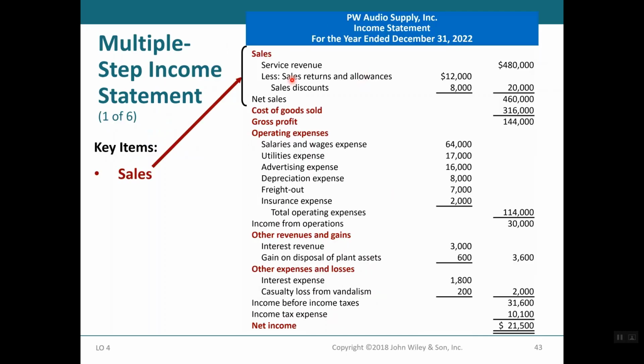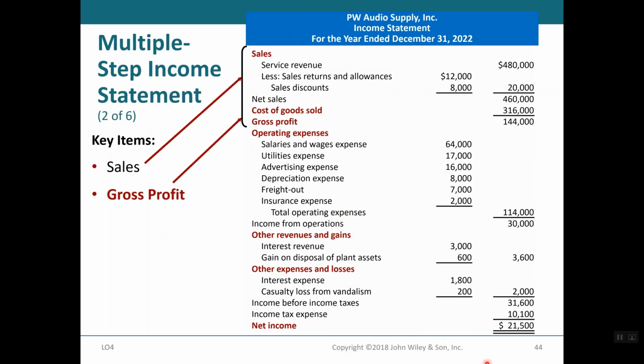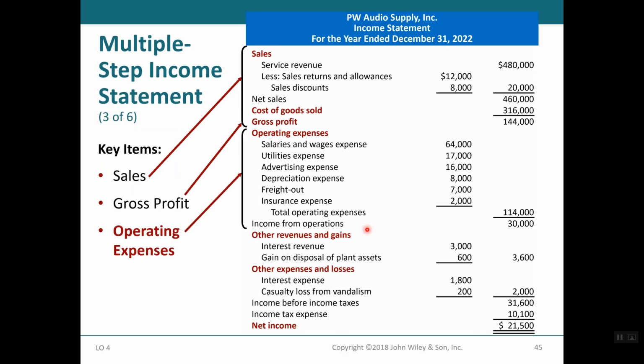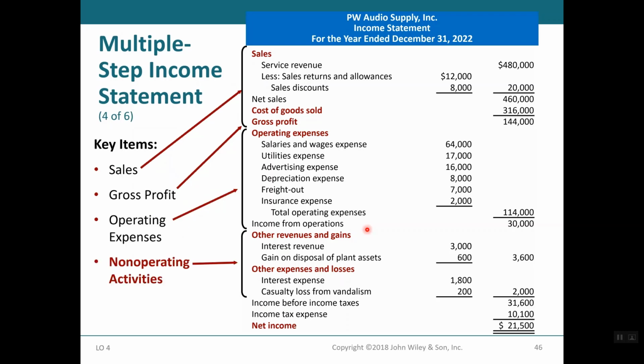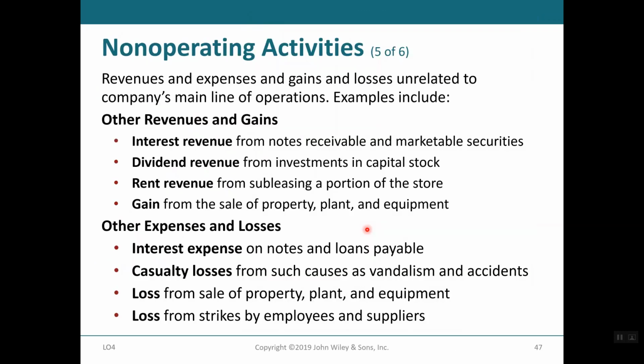So I think they explain it in terms of, we have our sales like we explained, the gross profit, because we deducted our cost of goods sold from it, and then we have our operating expenses, non-operating expenses. Examples, like I said before: revenue and expenses, gains and losses not related to the company's main line of operation.